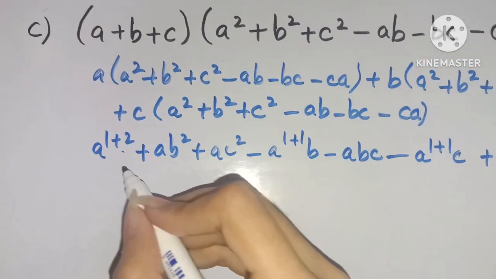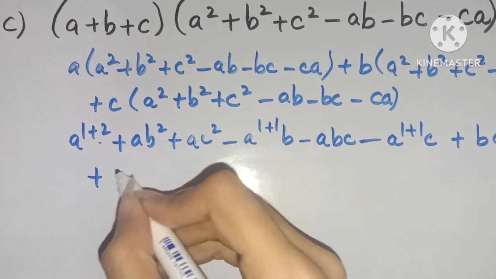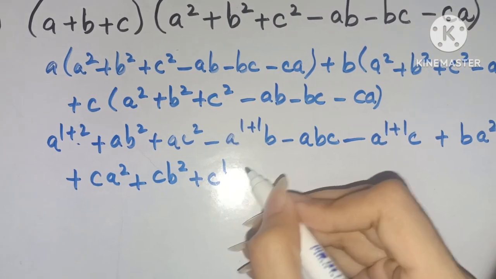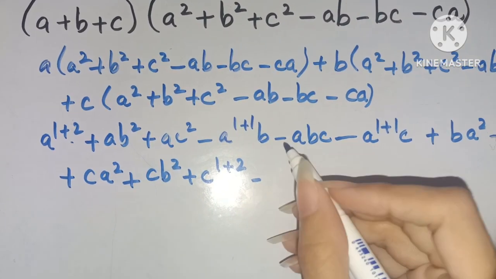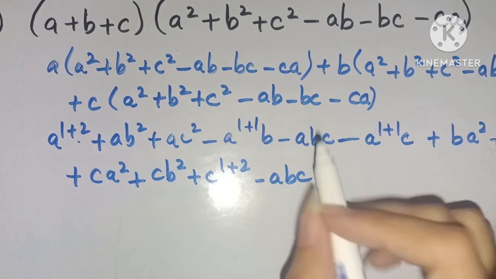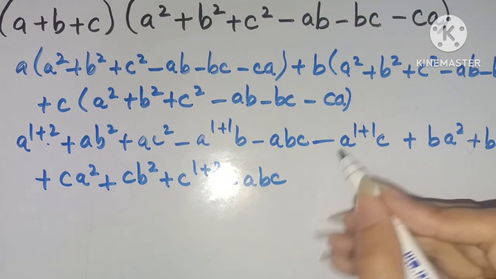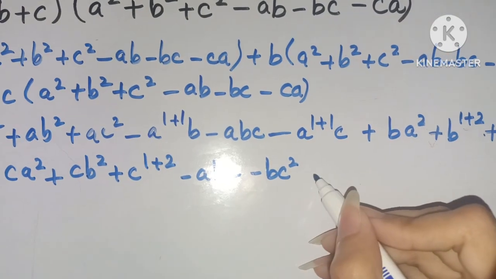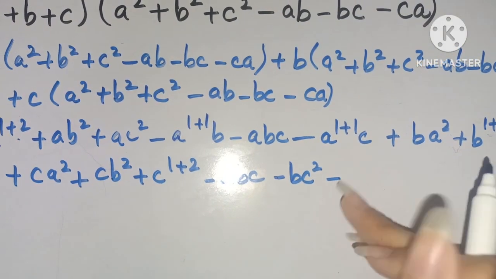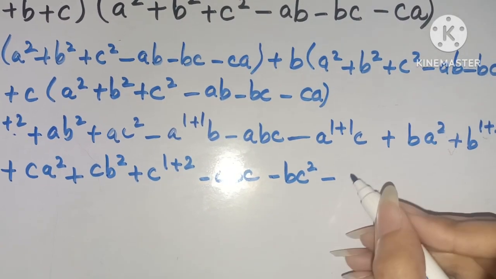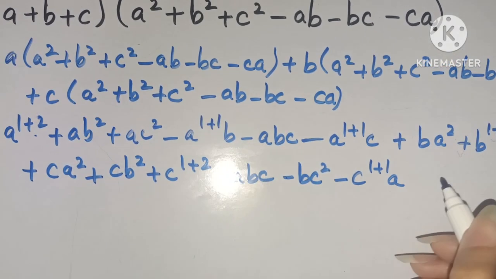Now we are solving this one: plus ca square plus cb square plus c cube, c power 1 and plus 2. Now again minus, because plus minus is minus. abc: ab is multiplied with c, so it will come abc. Minus, plus minus is minus, so bc square. And ca will be multiplied with c, so it will come c 1 plus 1 and a.